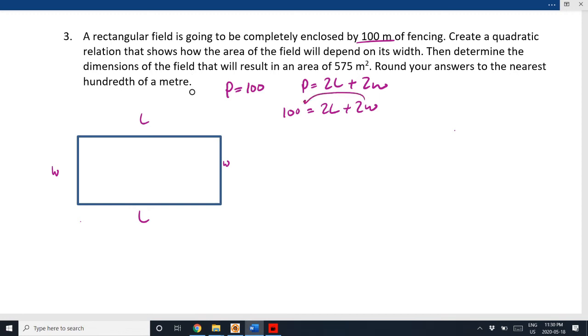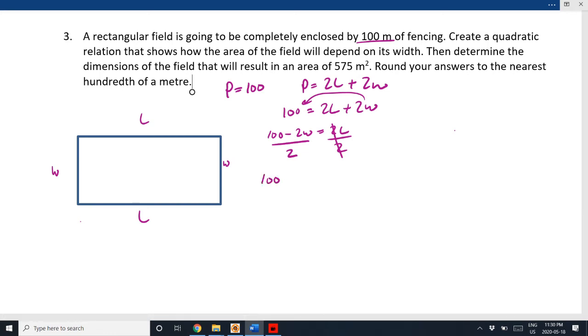We're going to move the 2W over to the other side, so we're going to get 100 minus 2W is equal to 2L. Now if we wanted to find 1L, we could divide both sides by 2. These two will cancel here, and this we can actually solve.